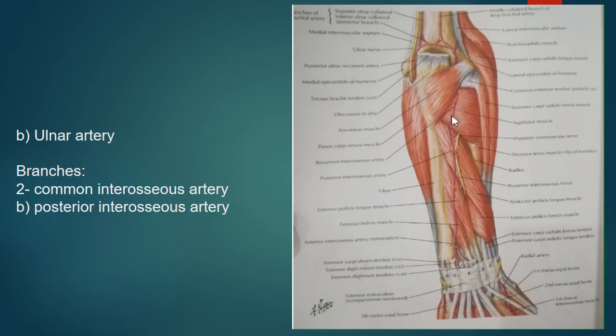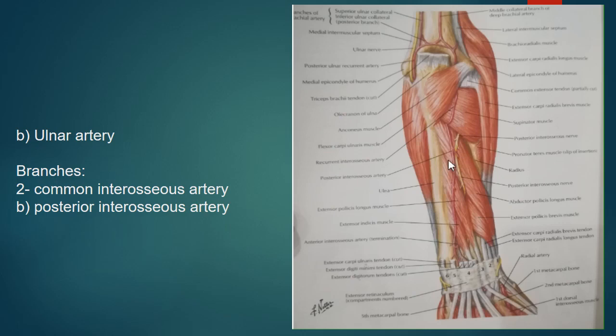This recurrent interosseous artery ascends and takes part in anastomosis around the elbow joint here. Then the posterior interosseous artery runs downwards between the superficial and deep layers of extensor muscles of the forearm. It accompanies the posterior interosseous nerve, this one.